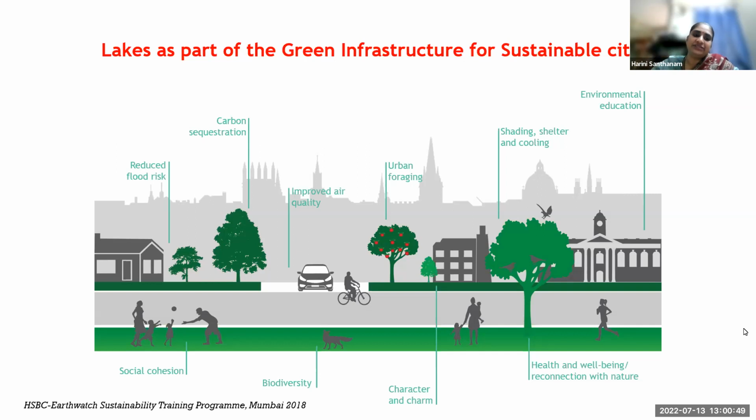Apart from natural services like reduced flood risk, carbon sequestration, improved air quality, the foraging characteristics, shading and cooling characteristics, it is also very much a socio-cultural space, okay, where there is social cohesion, or coming together of different types of human communities, where they get educated, they get culturally enriched, and their health and well-being is improved over time by reconnecting with nature.